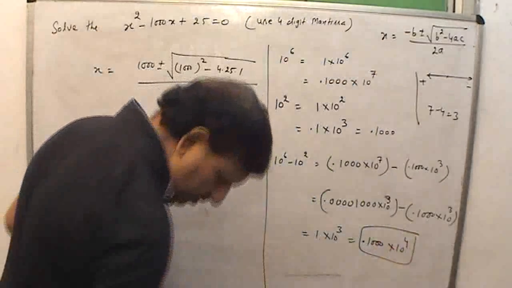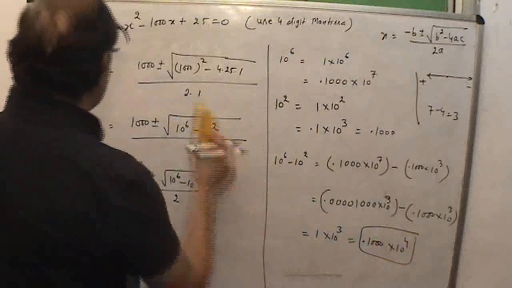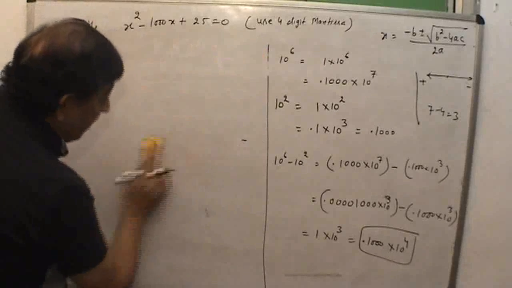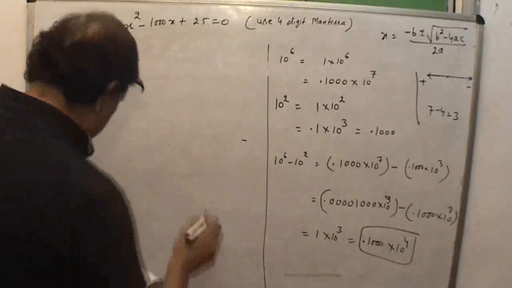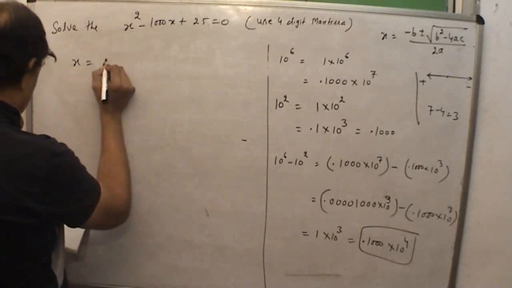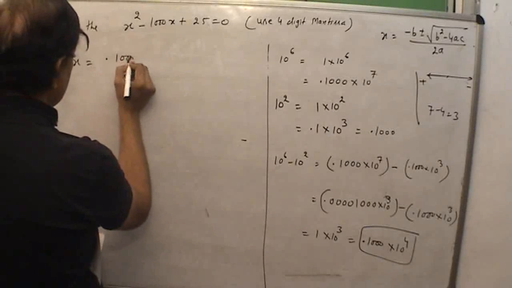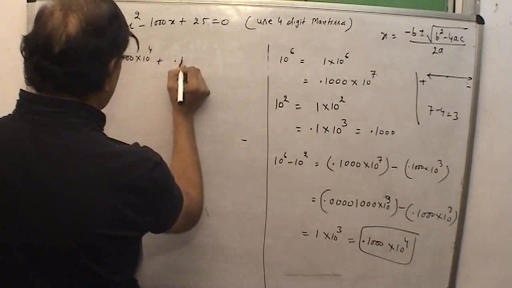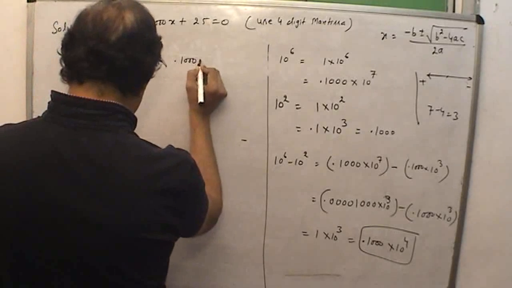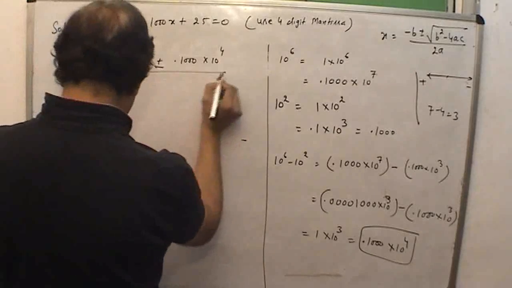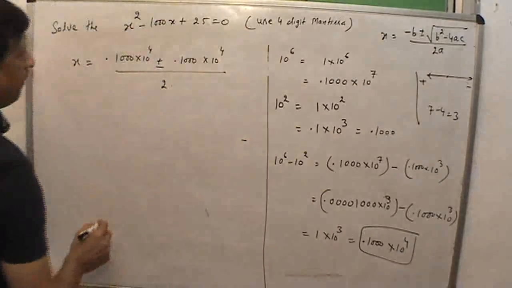These are the values. Now we have to find the roots of the equation here. So x is equal to 0.1000 into 10 raised to the power 4 plus minus 0.1000 into 10 raised to the power 4, divided by 2.